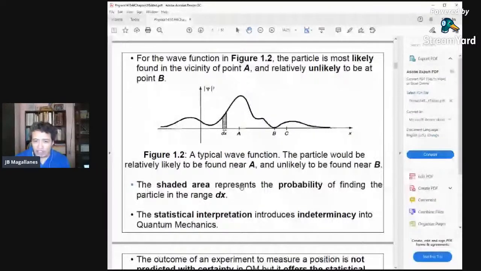So the shaded area represents the probability of finding the particle in this range. Imagine that everything under this curve is the probability, and this part is just the probability of finding the particle in this range of position, very small.